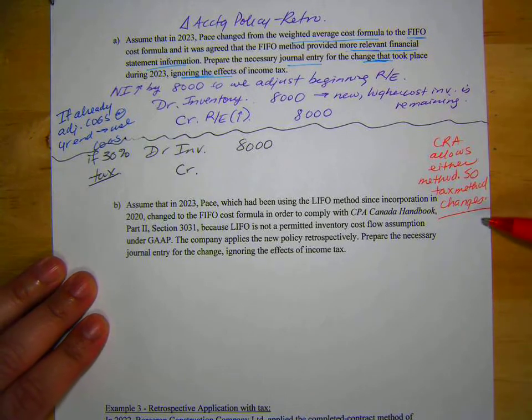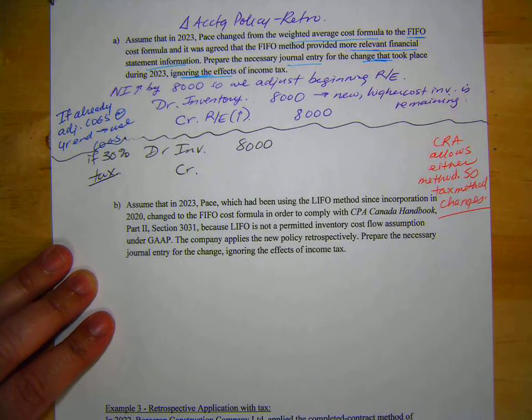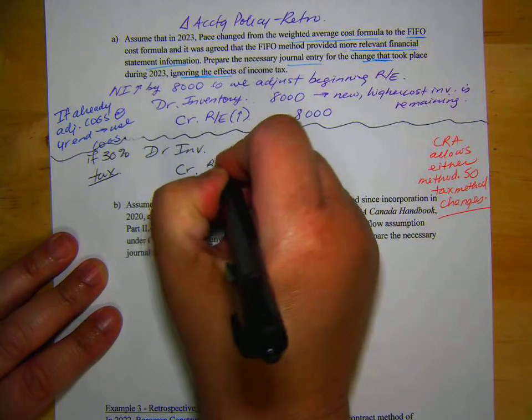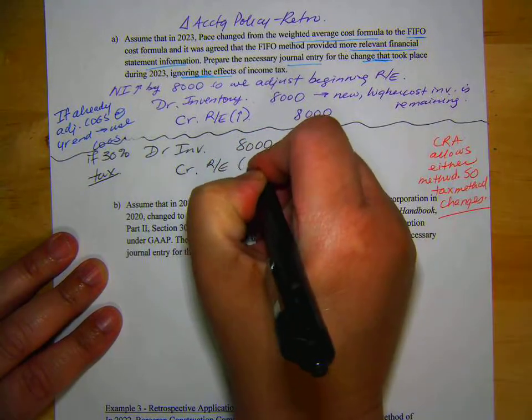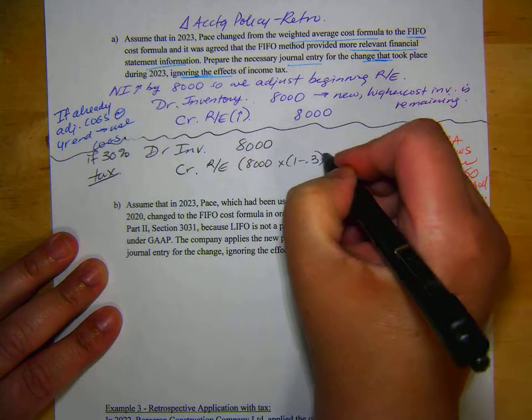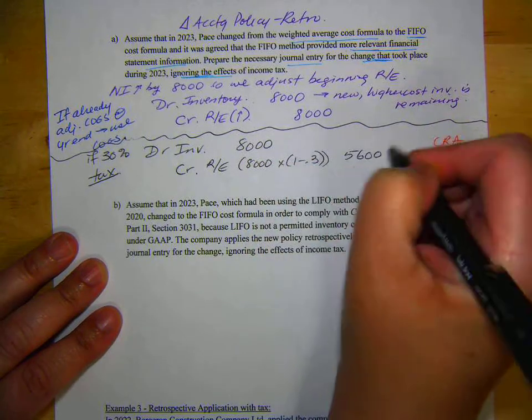So you would actually have to adjust CIT payable. So you would actually credit retained earnings for 8,000 times 1 minus 0.3, the after-tax effect, 5,600.